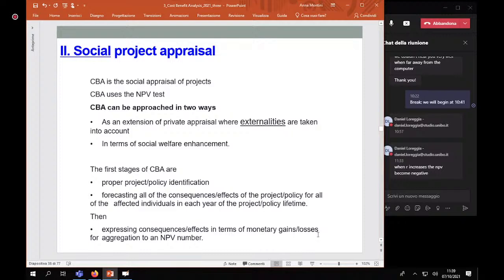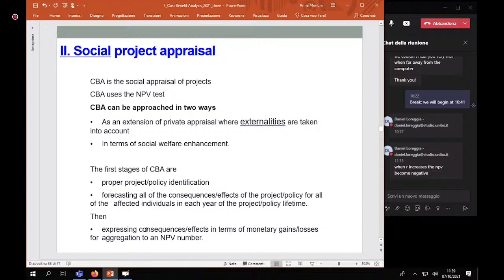Then, you have to express consequences and effects in terms of monetary gains, losses, for the aggregation to a net present value number. So, if you have a social project appraisal, you can try to define this. Estimate the expenditure, estimate the receipts, and estimate the value of externalities.